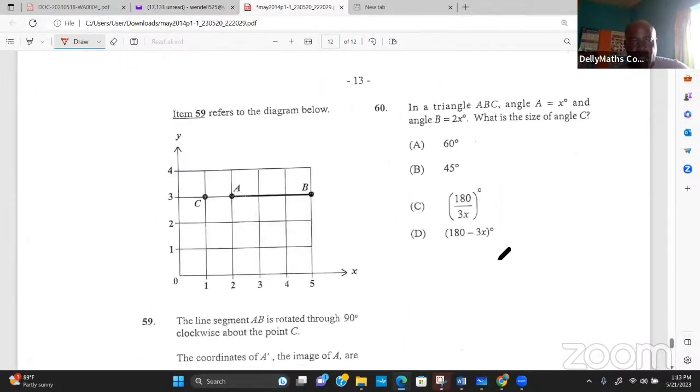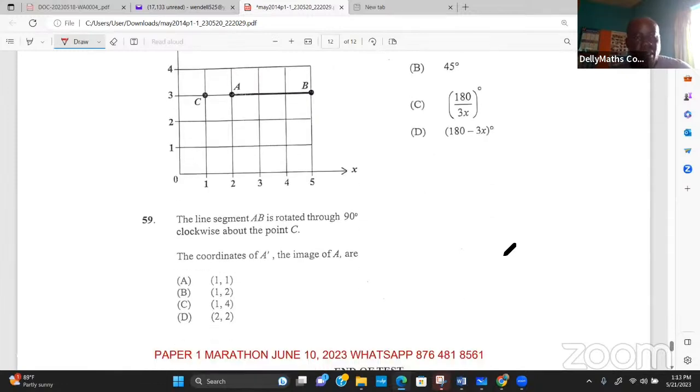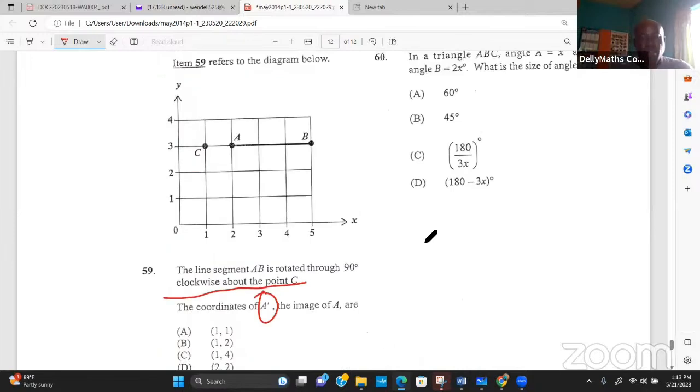Let's go again. 59, we're coming down. 59 says here, the line segment AD is rotated through 90 degrees clockwise, with the hand of a clock, about the point C. Now the coordinates of A prime, the image of A, are... Watch this.